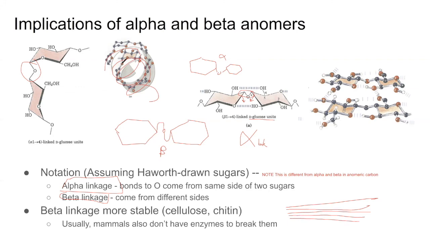And so this alpha linked sugar that's very compact and spirally, this is what our glycogen storage looks like. Whereas this beta linkage that's very parallel and stable, this is what cellulose and chitin look like. So this is much stronger and protective. And we don't have the enzymes to break them. So just remember, you can have a polysaccharide that's alpha linked and a polysaccharide that's beta linked.